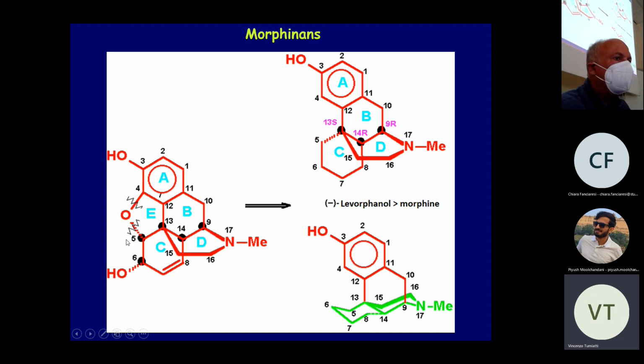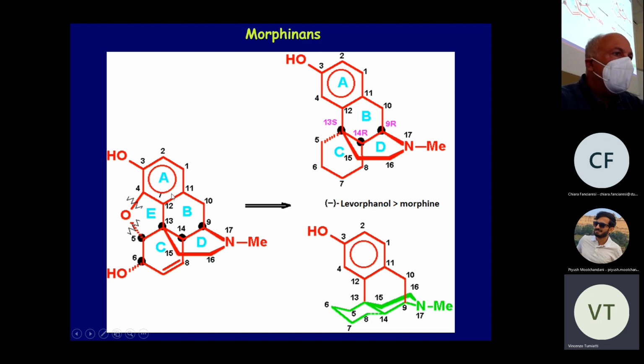And the first simplification was on ring E. In particular, the scientists, you see, eliminated this ring. You see here the simplified form.